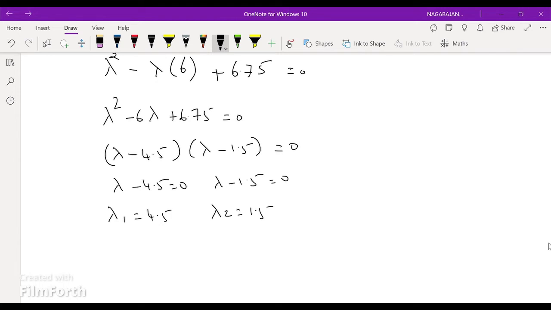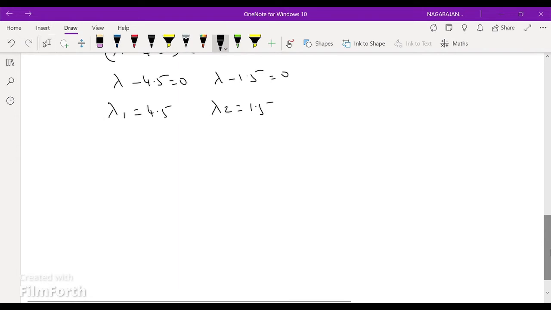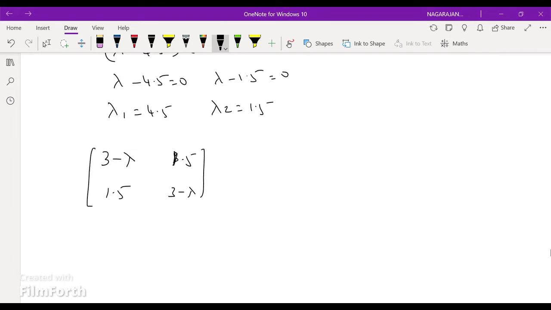Now we need to find the eigenvectors corresponding to the eigenvalues 4.5 and 1.5. So [3 minus lambda, 1.5; 1.5, 3 minus lambda] into [x1, x2] equal to 0. First, lambda 1 equal to 4.5.